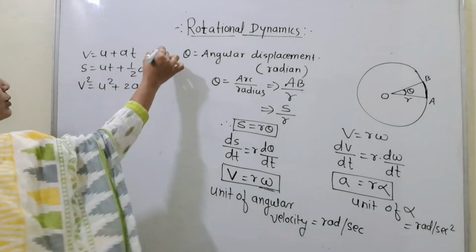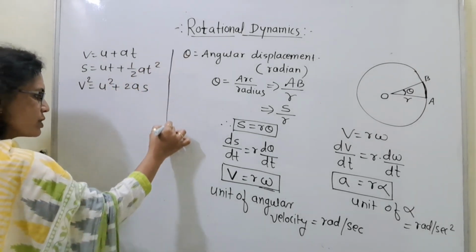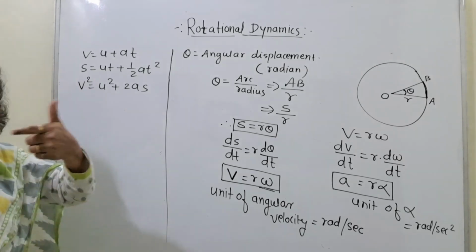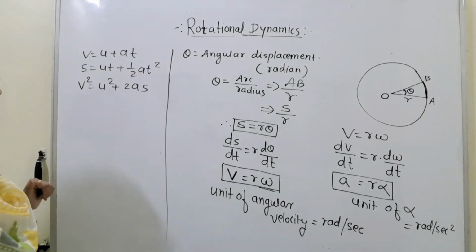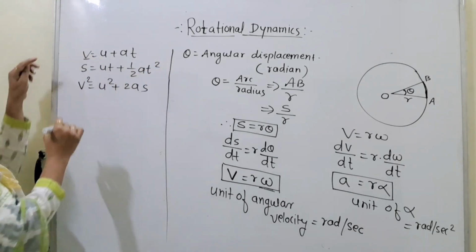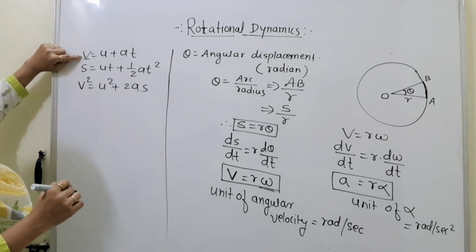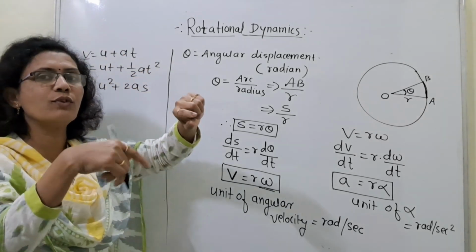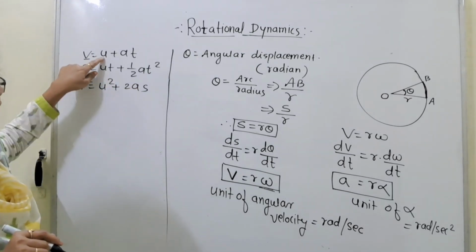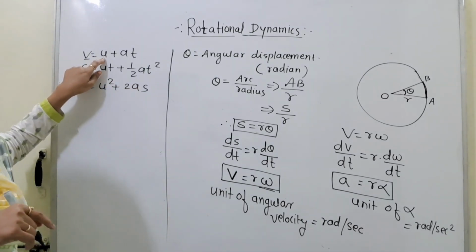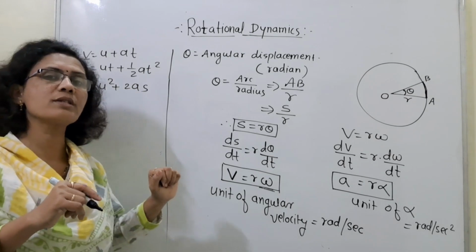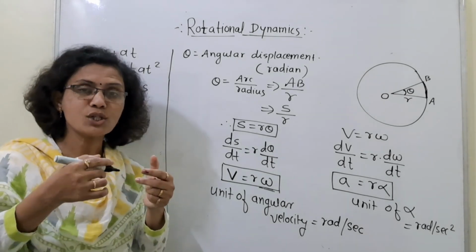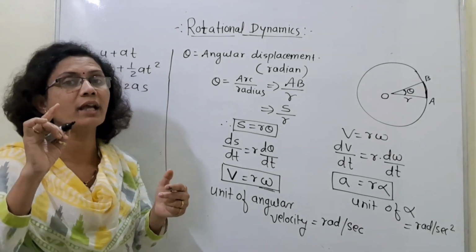Now we are going to write all the equations in case of angular motion, that is circular motion. In place of V, that is final linear velocity, final angular velocity will be omega. Linear velocity initial, what was that? It is U. We are going to use the initial angular velocity as omega naught.